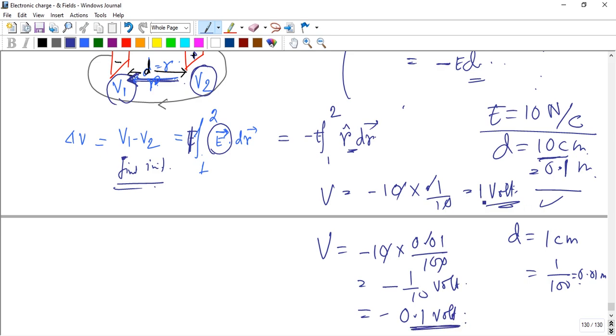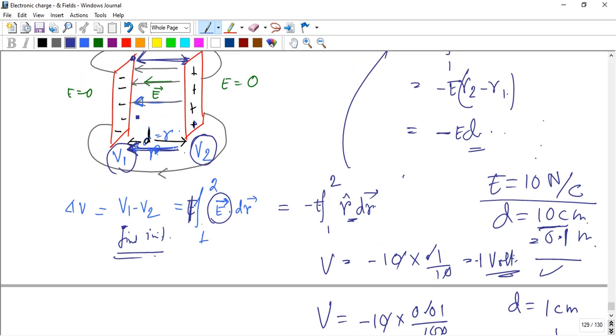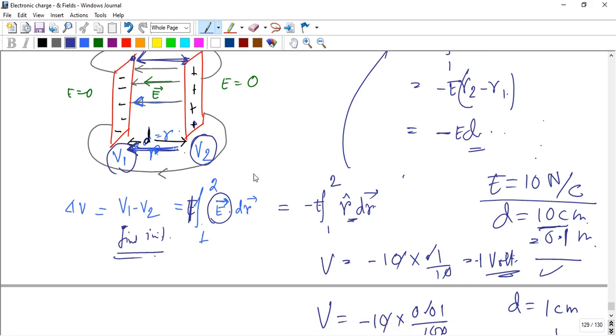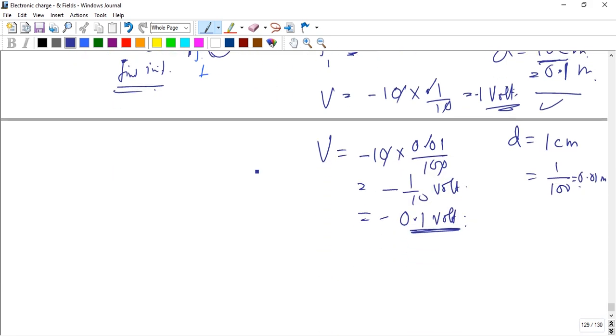That's very important: how to calculate the potential difference between these two plates, and the relation between the potential difference and the electric field.